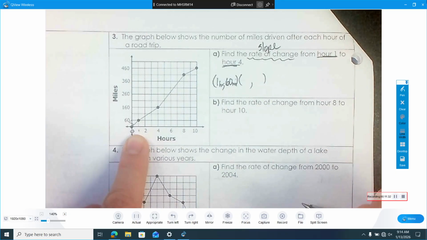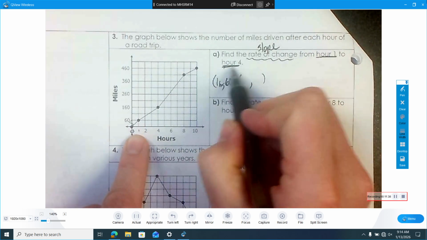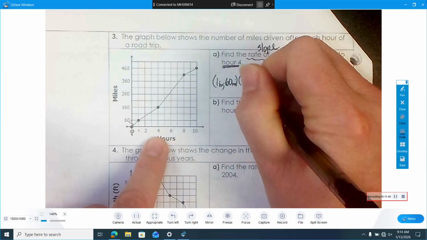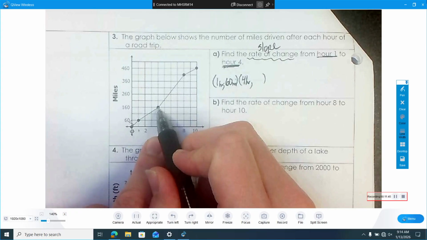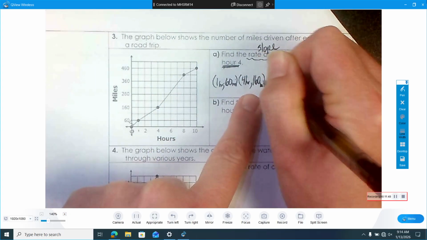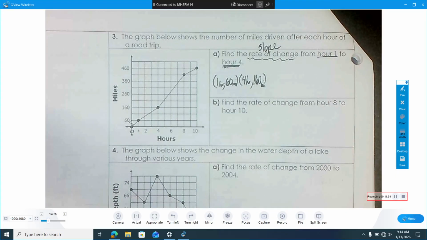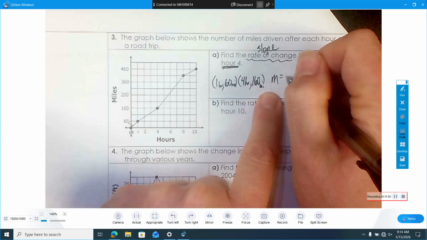Okay, what's my second ordered pair? For hour 4? Yeah, the 4th hour had an ordered pair of 160 miles. So 160 miles. All right. So I'm just keeping my units on there. And then I can go ahead and find my slope.